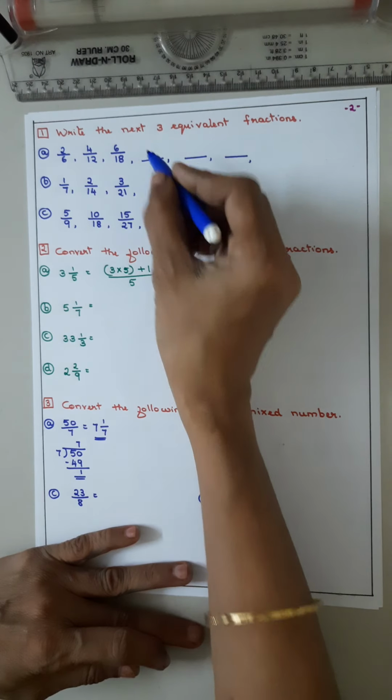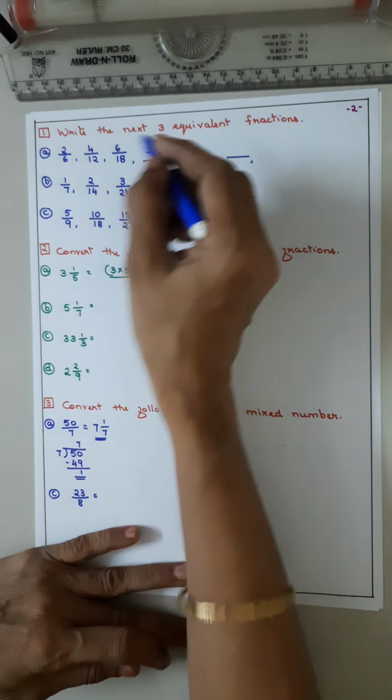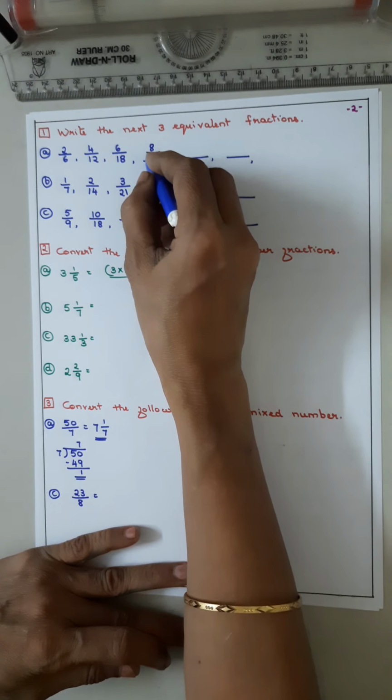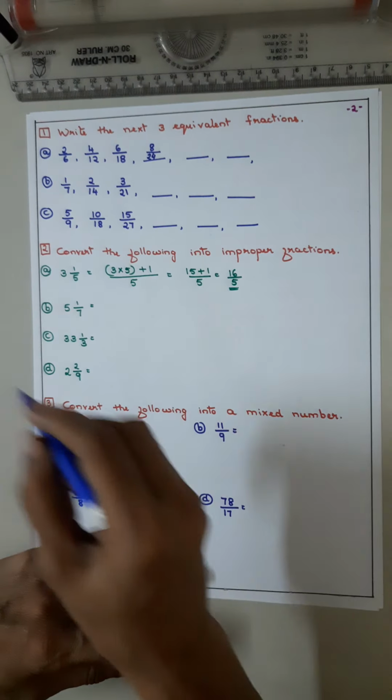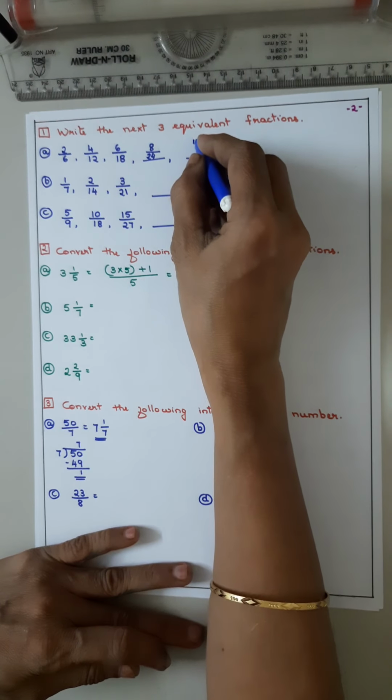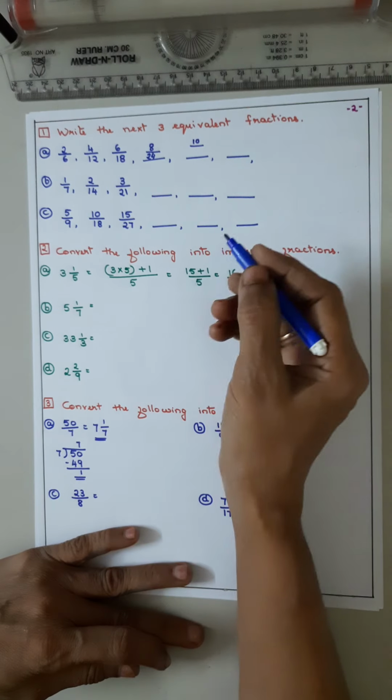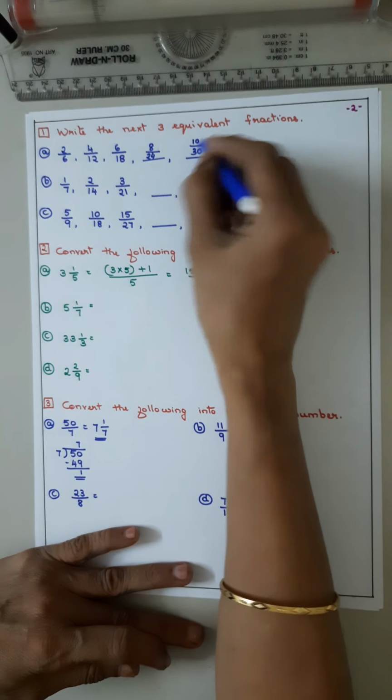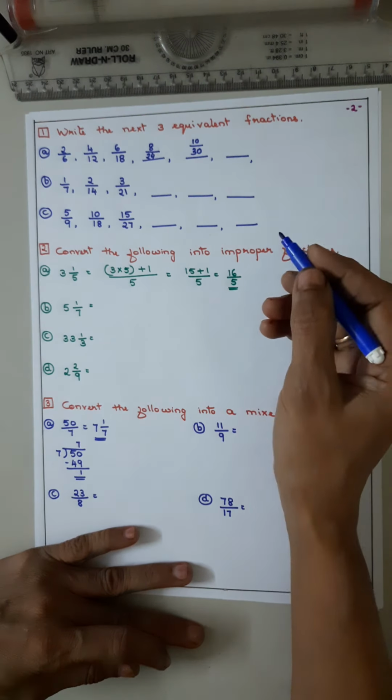So 2 4s are 8, 6 4s are 24, 2 5s are 10, 6 5s are 30.